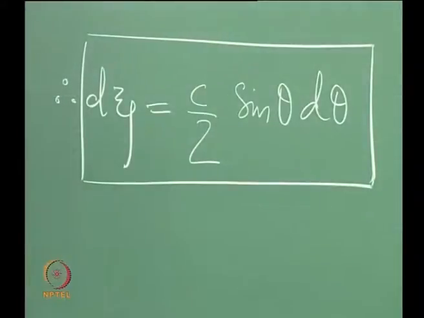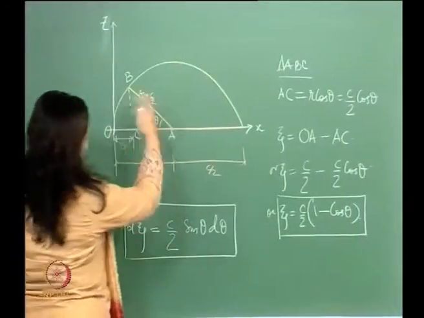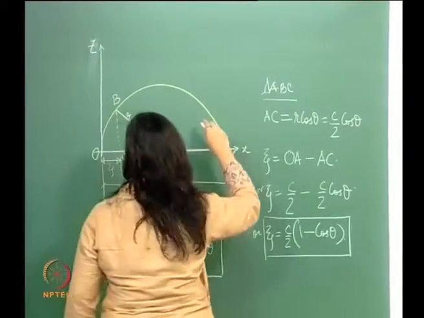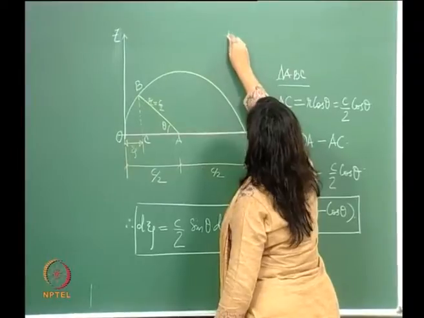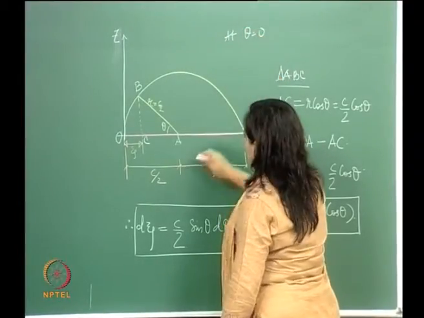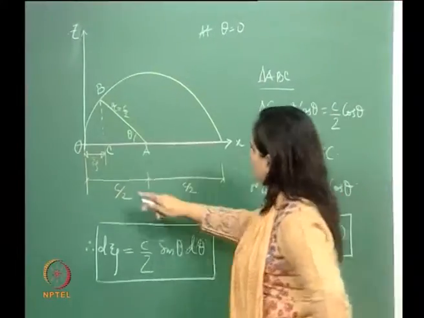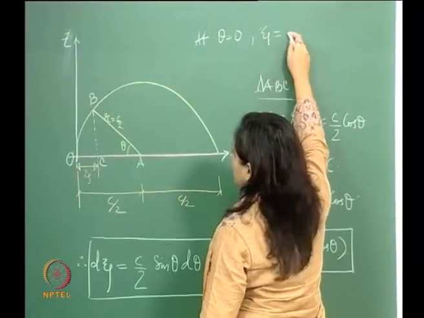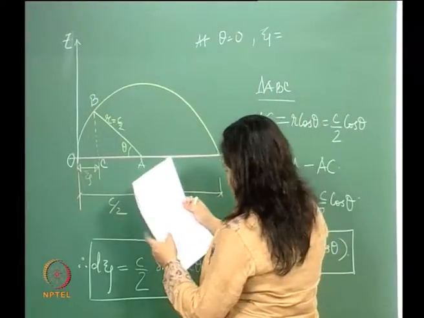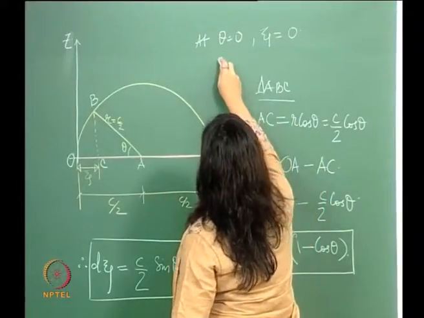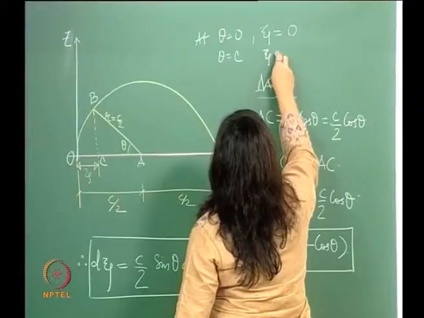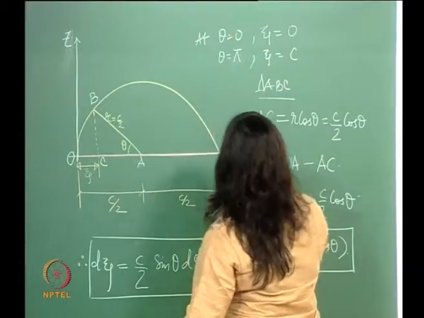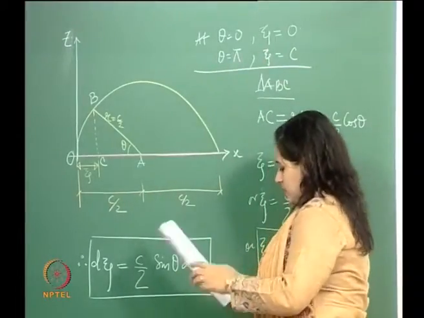Okay. And of course, you can also see from the geometry here that at theta equal to 0, z is equal to 0, and at theta equal to pi, z is equal to c.